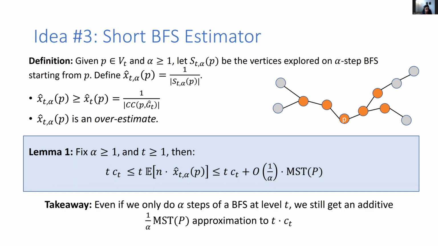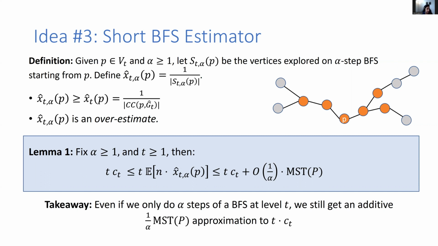But the key takeaway, even more so, is that even if I only do alpha steps of the BFS, even alpha equals 1, say, then I still get an approximation of the value that I'm trying to estimate at that level, which is T times the number of kinetic components at level T. So in particular, for alpha equals 1, I get an additive MST cost at that level.